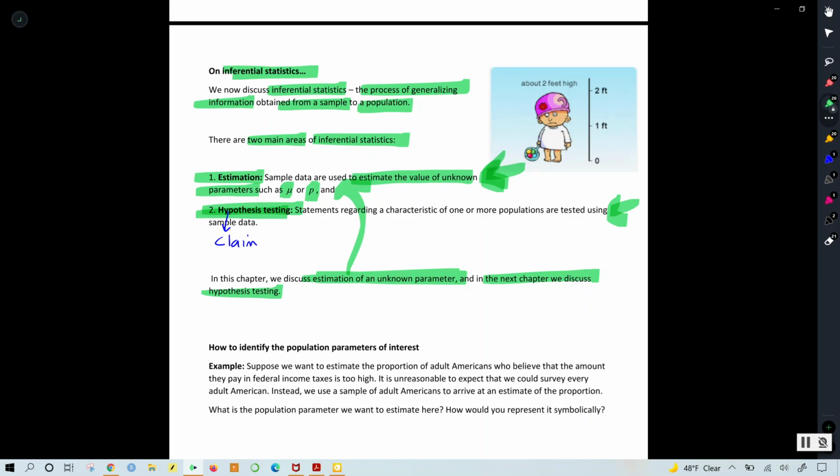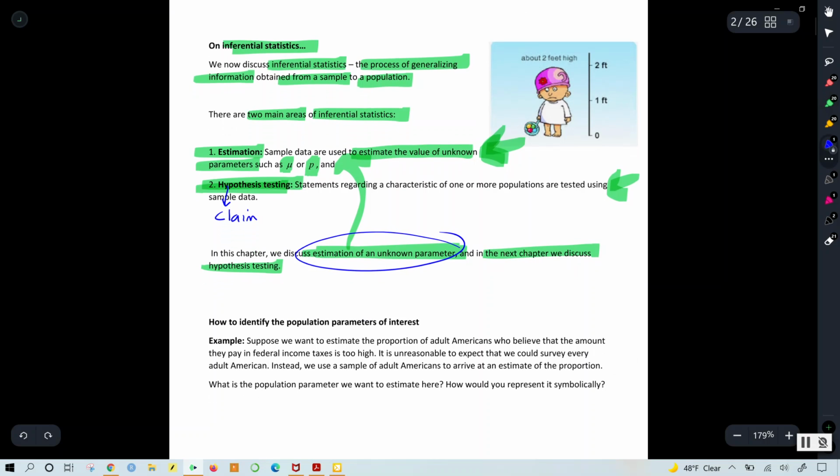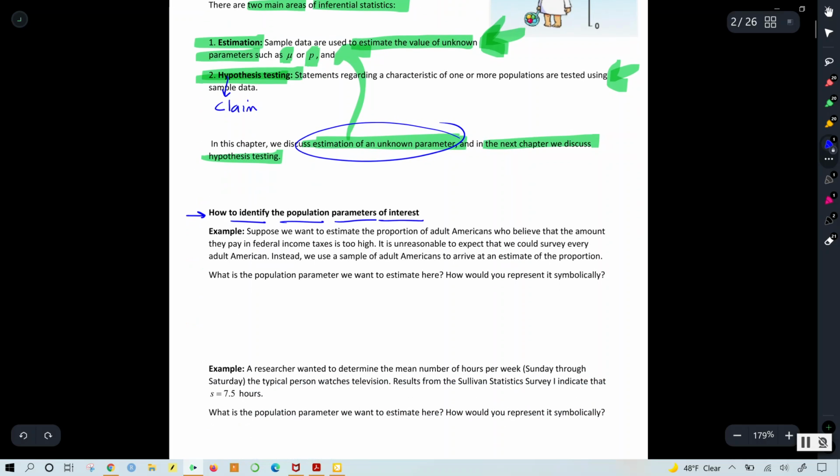So for now, as we stated earlier, our focus would be on how to use confidence intervals to estimate the unknown value of a population parameter. But before we get too deep, let's take some preliminary steps by considering how to identify the population parameter of interest in any given scenario. So we begin.